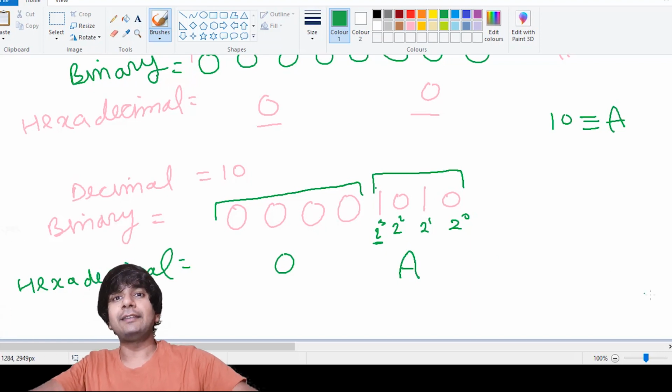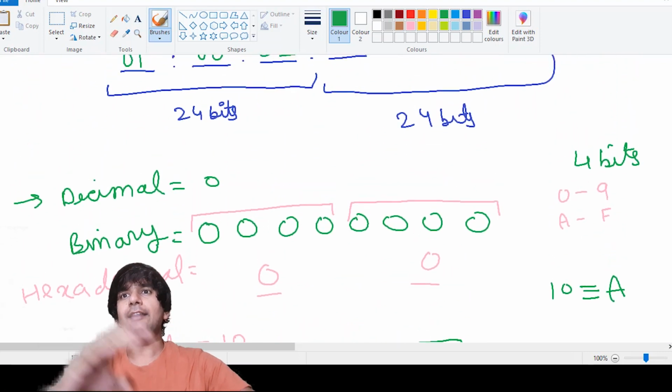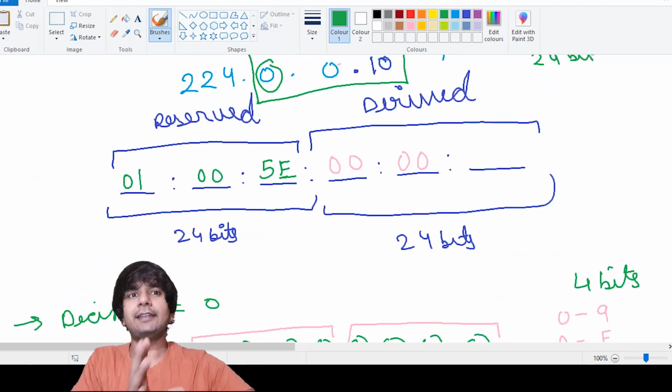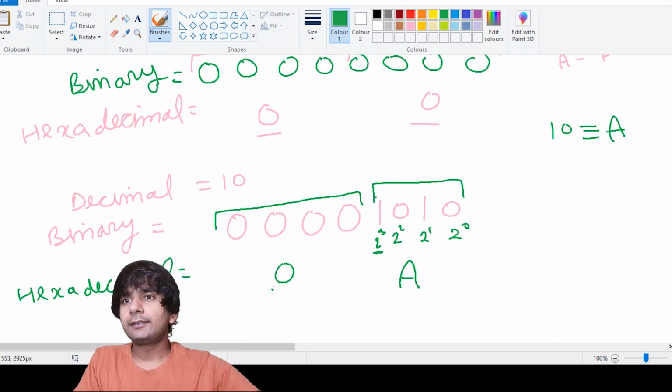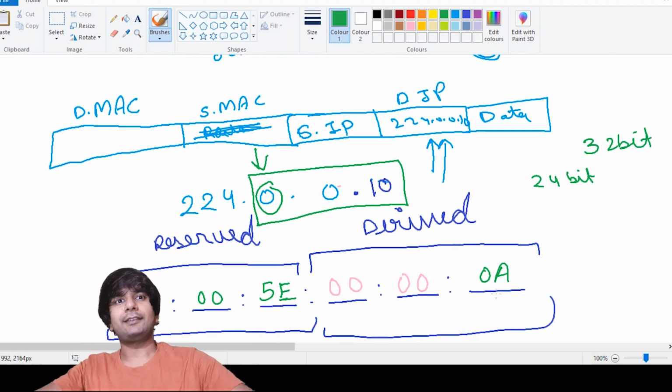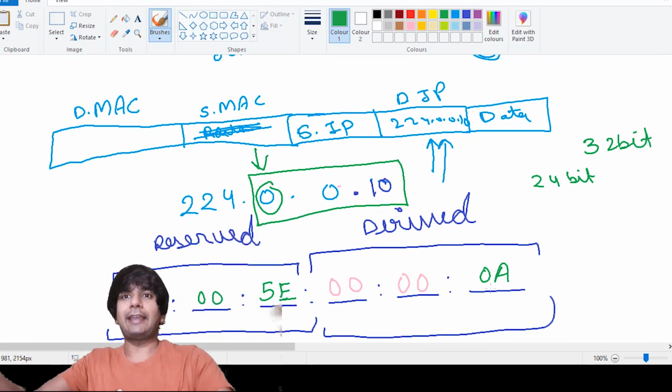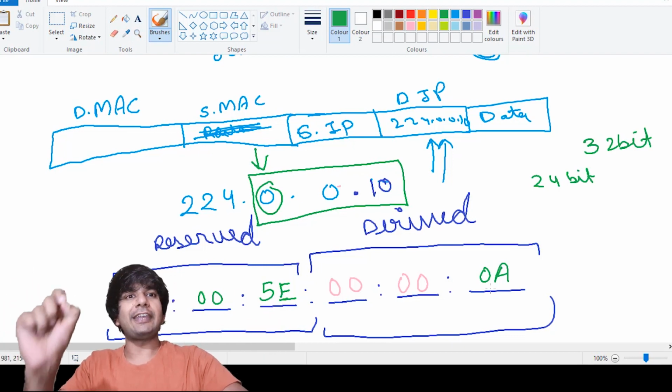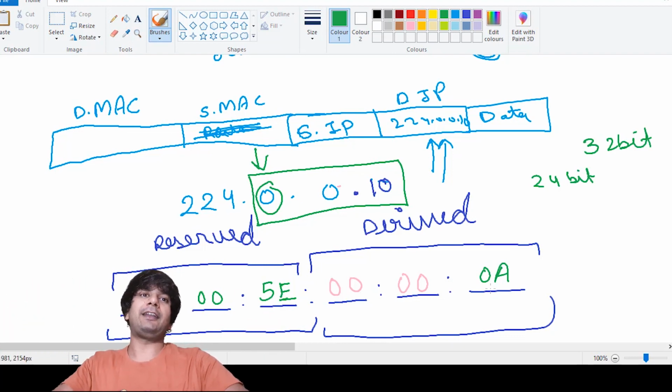So that means the last two hexadecimal digits will become 0A, 0 and A. So guys, this is the multicast MAC address of every EIGRP multicast packet.